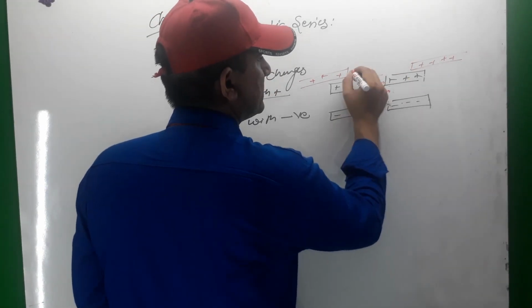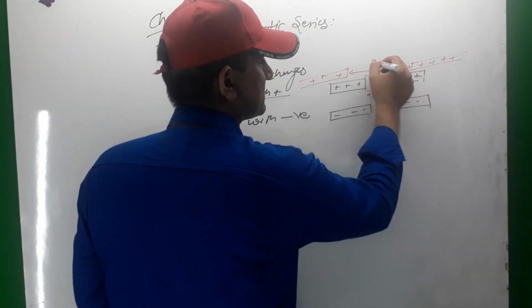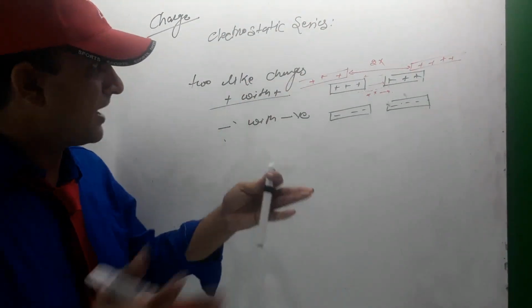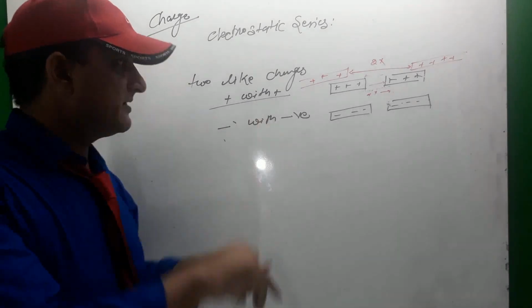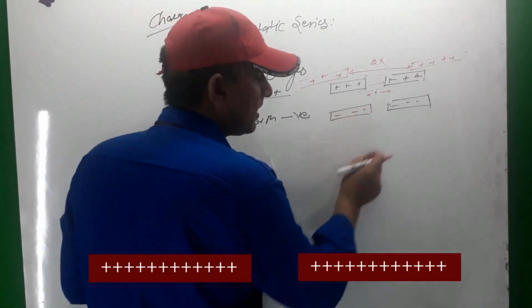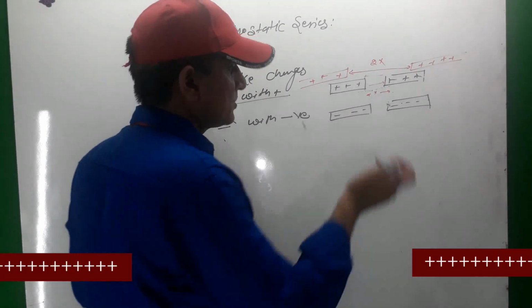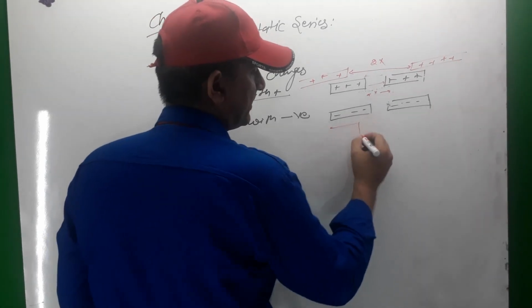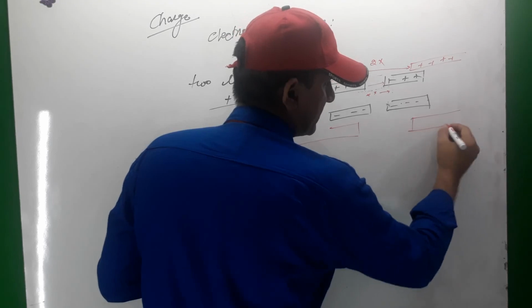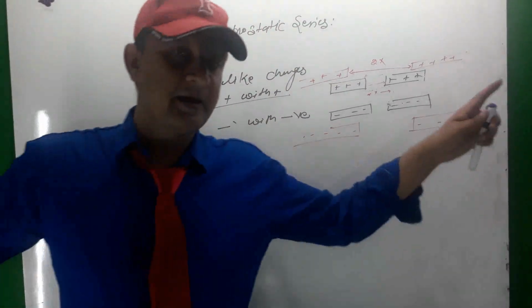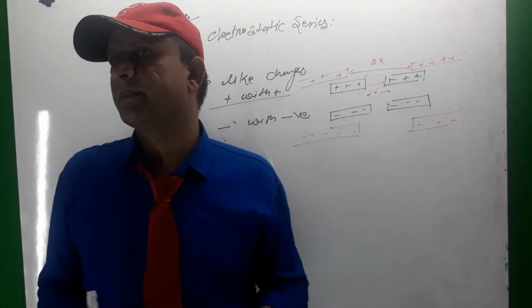Now it is 2x. The distance has increased because you have taken positive charges. In the same way, when you take negative charges, these are also similar charges, and again they will create more gap between both of them.